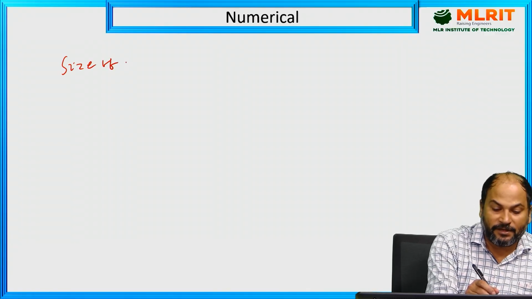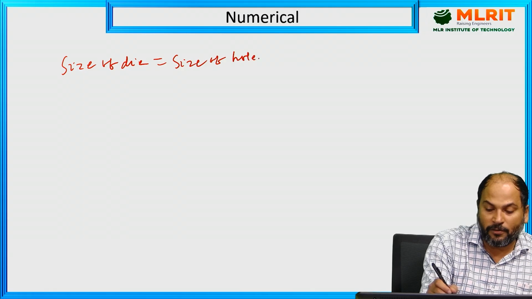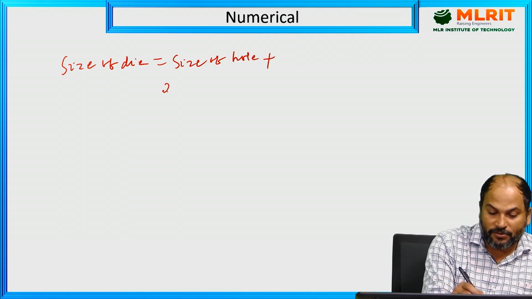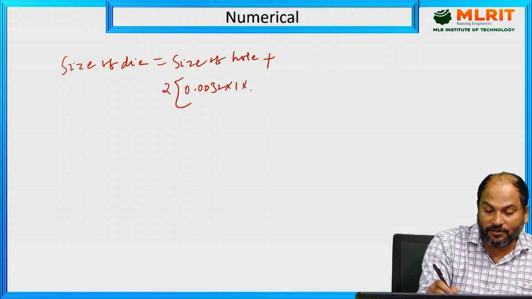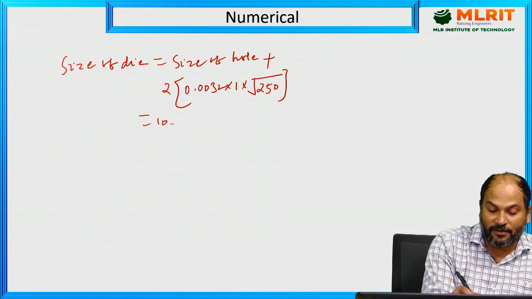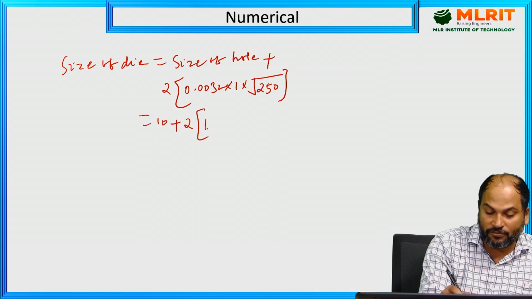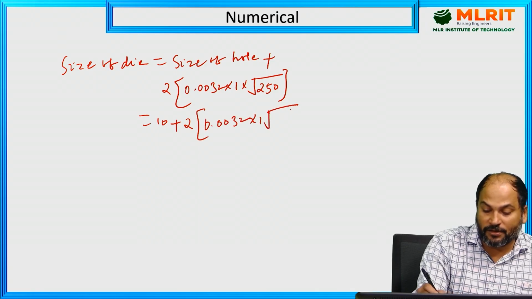Size of die equals size of hole plus 2 into c, that is 10 plus 2 into 0.0032 into 1 into root 250.